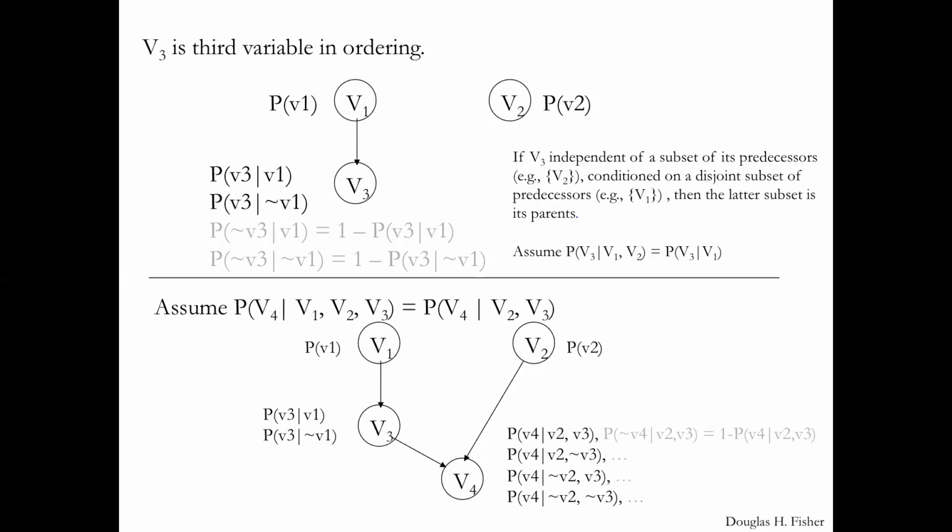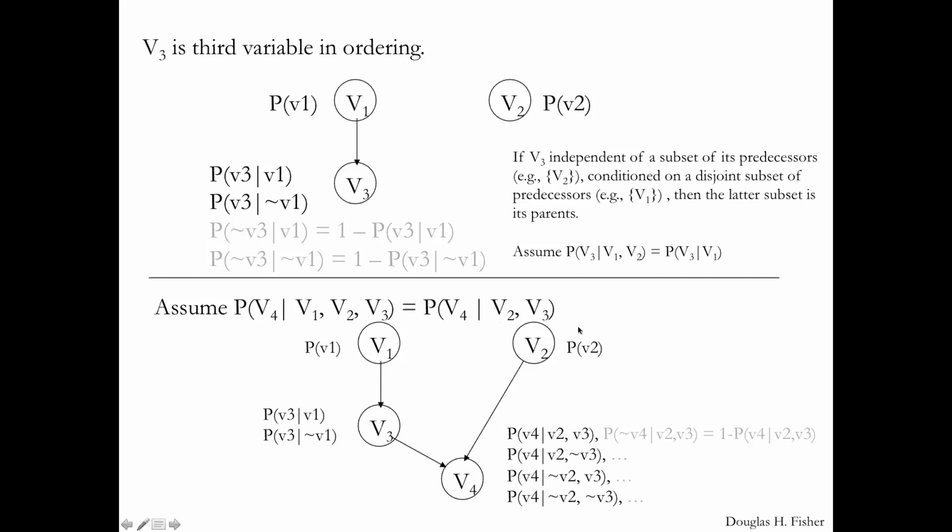Okay. Again, there's nothing magical about this. I'm claiming that this is true about this environment, whatever that environment is. And now the next variable in the ordering is V4, and I'm assuming that V4 is conditionally independent of V1 given V2 and V3.